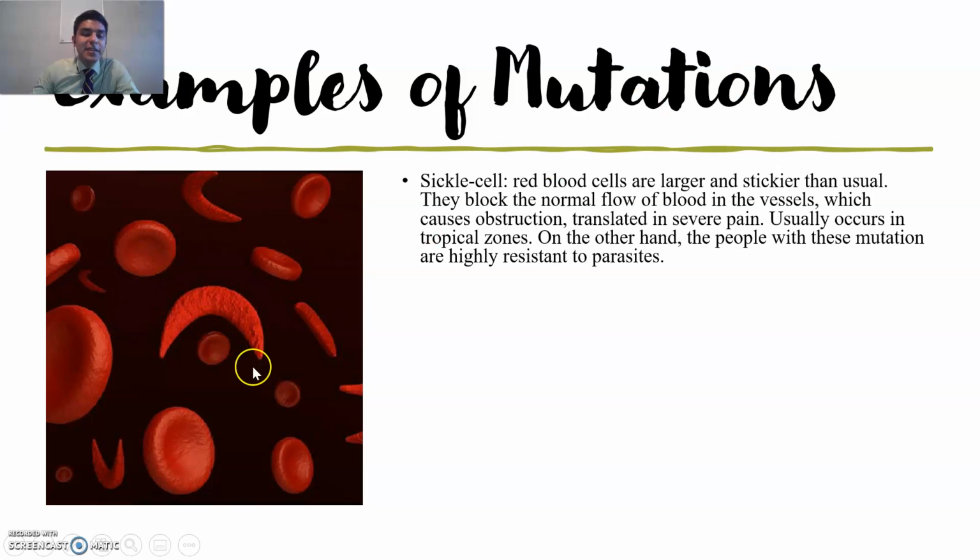So these sickle cells from the blood can even cause the amputation of one of the limbs of the person. So if the mutation is too severe and it is obstructing the vessels of a whole limb in a person, then it has to be amputated.